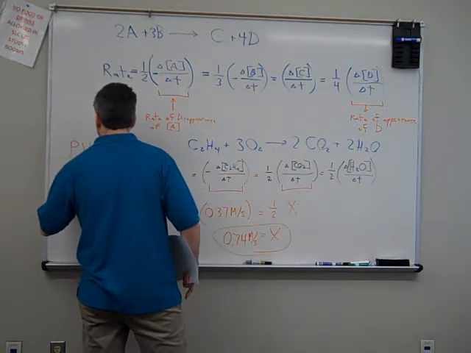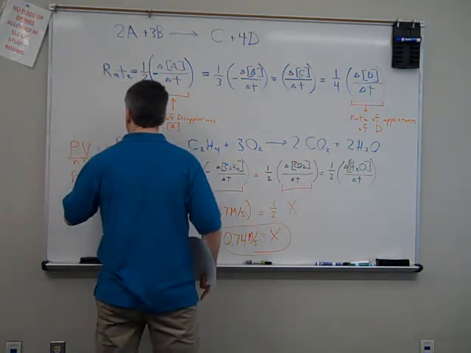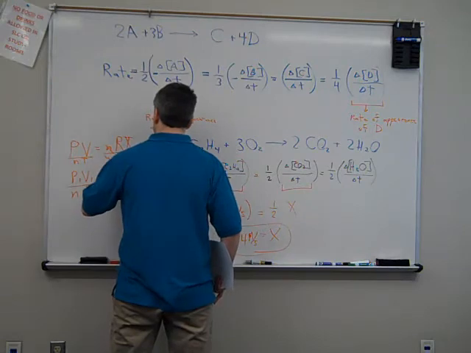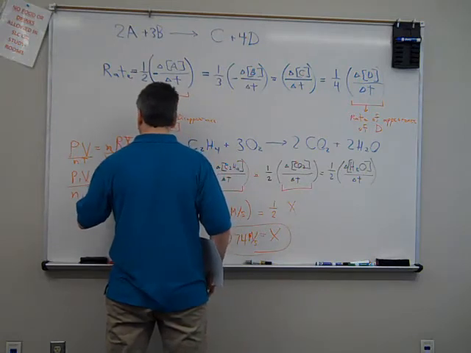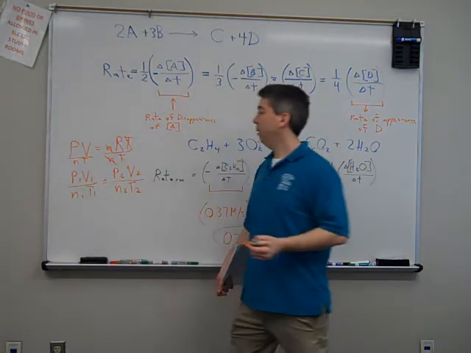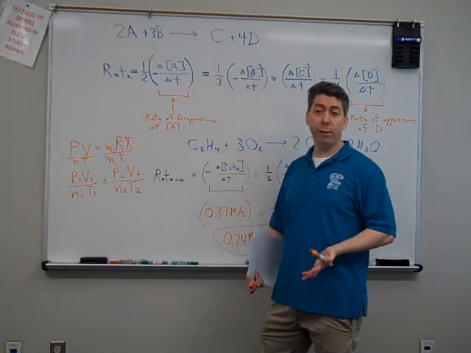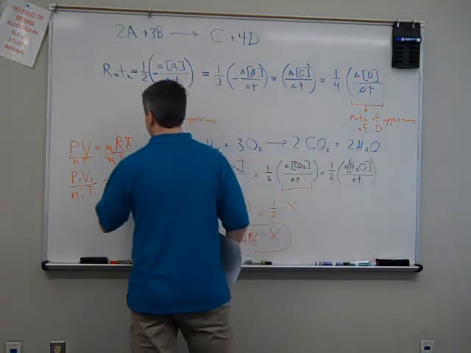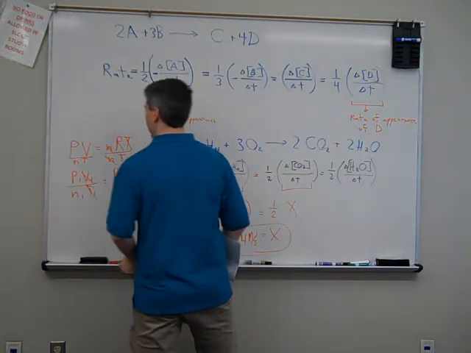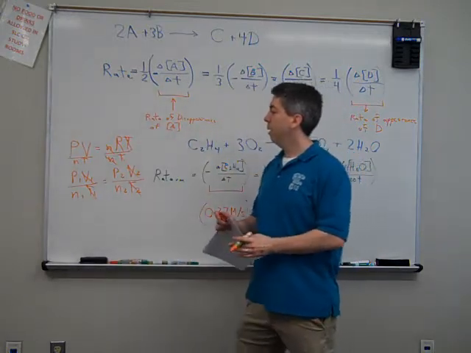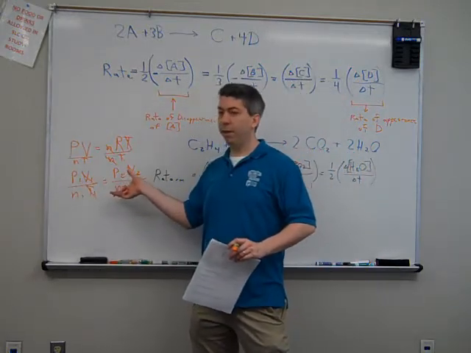So P1V1 over N1T1 is equal to P2V2 over N2T2. Now, if the temperature and the volume are constant, then they factor out of this equation, and that gives you this relationship here.